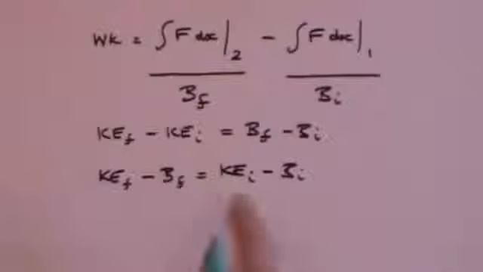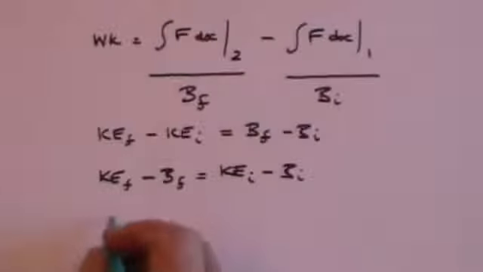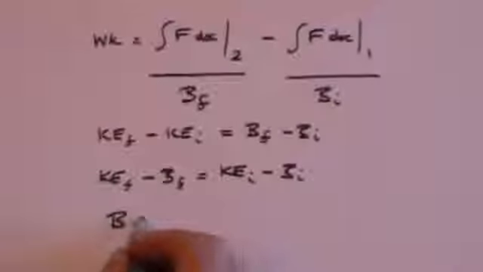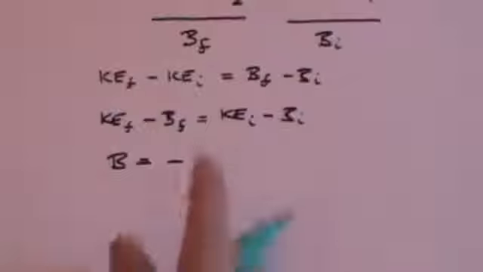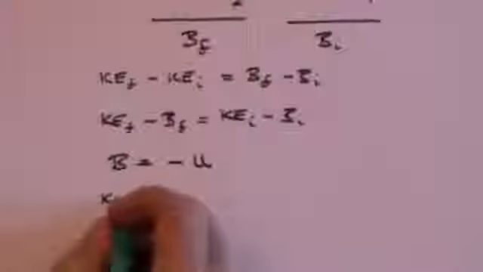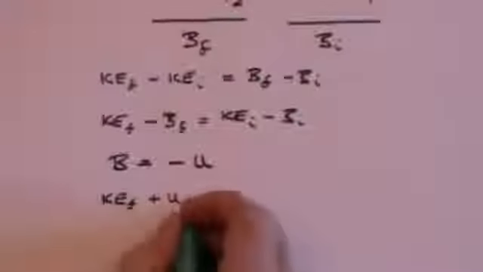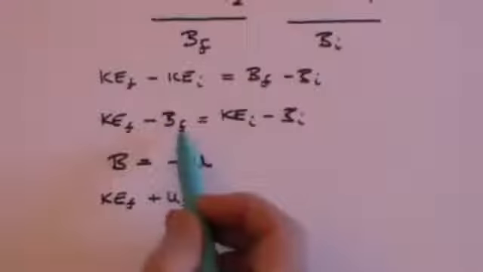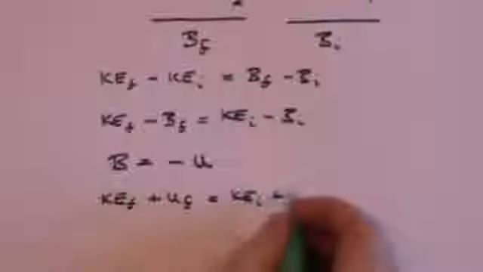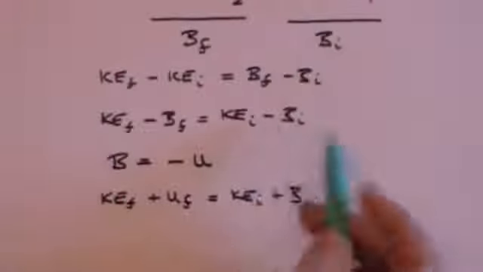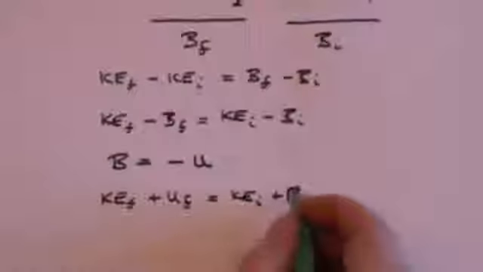And I can achieve that very easily by just redefining: let B equal minus U. We don't yet know what U is, but hang on in there. Then KE final plus U final, because B is minus U, is equal to KE initial plus U initial.